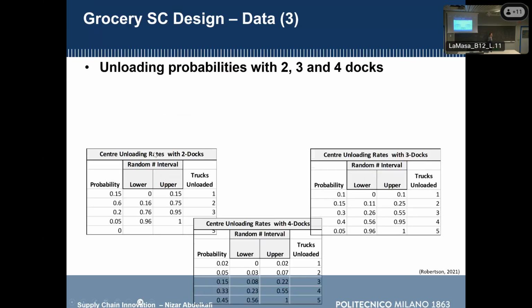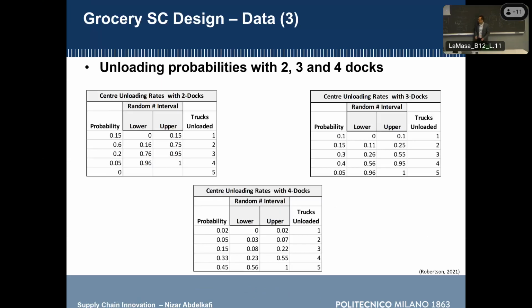And then we have the unloading probabilities. So we said we have the arrivals. And then we have to deal also with the unloading capacities. And here we have also data about unloading rates with 2 docks, unloading rates with 3 docks, and unloading rates with 4 docks.